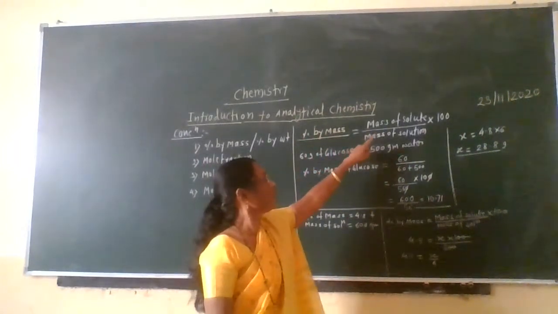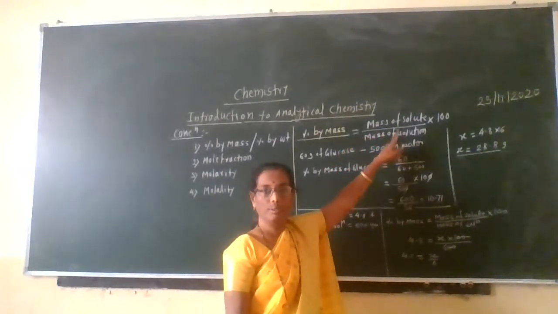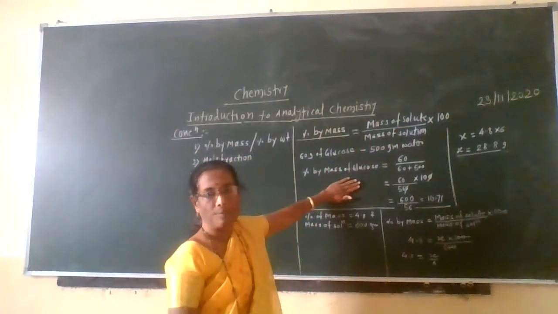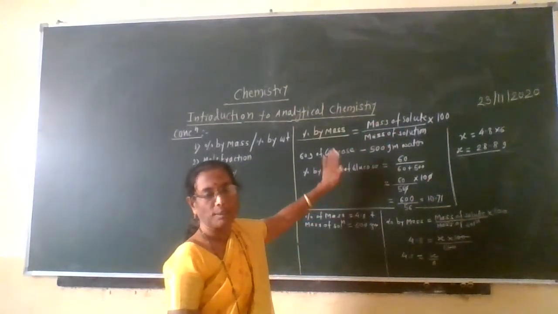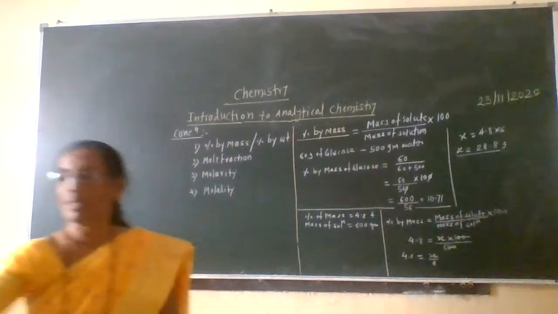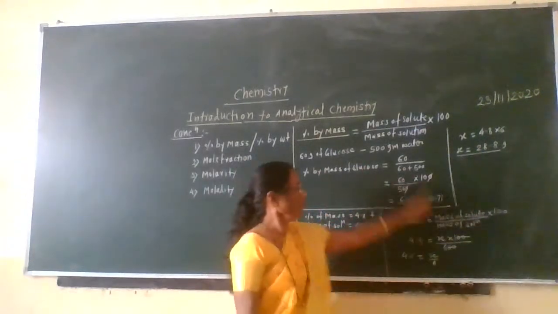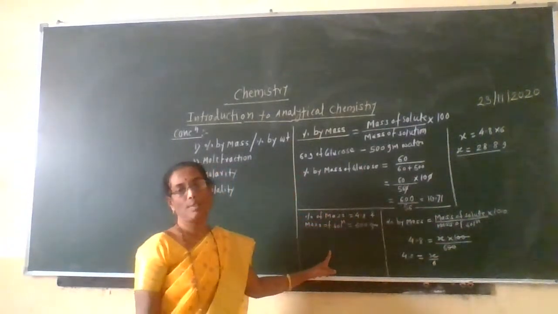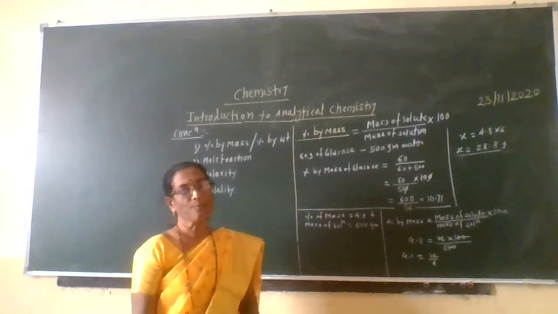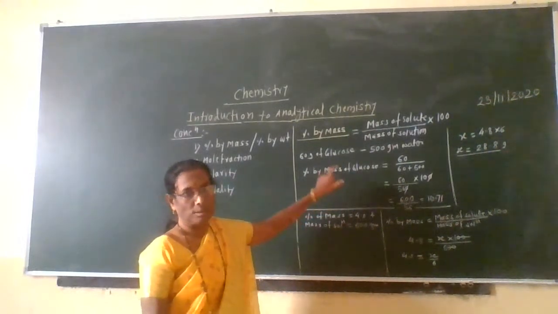Percentage by mass is nothing but the mass of solute divided by mass of solution multiplied by 100. This is the first way to express the concentration of the given solution. Concentration is nothing but the amount of the solute present in a given amount of the solvent.